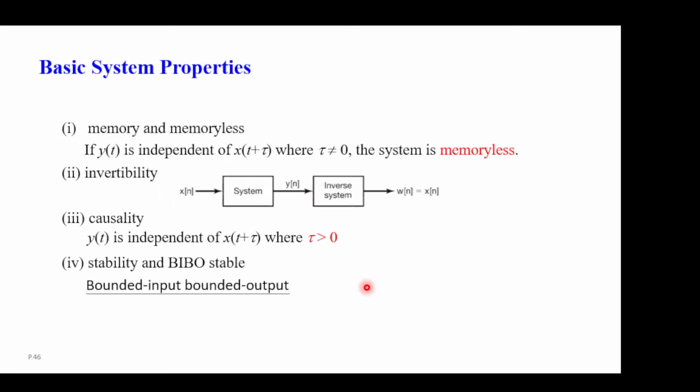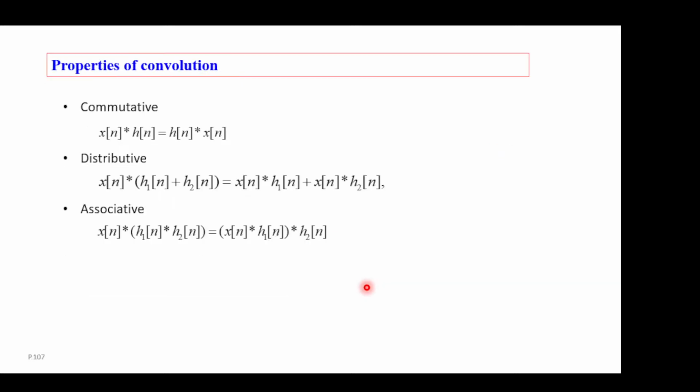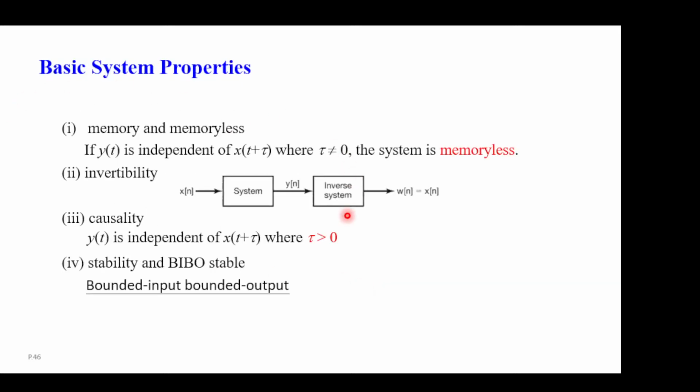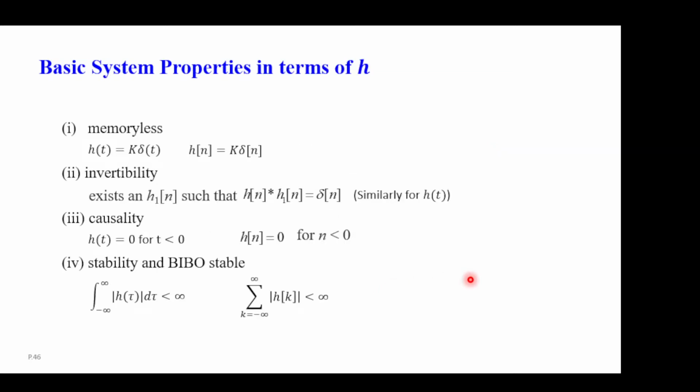And then once again, in terms of h, we have the properties of our systems, and we've already seen them, so maybe we can run through them again. Memoryless means h is a constant multiple of delta.